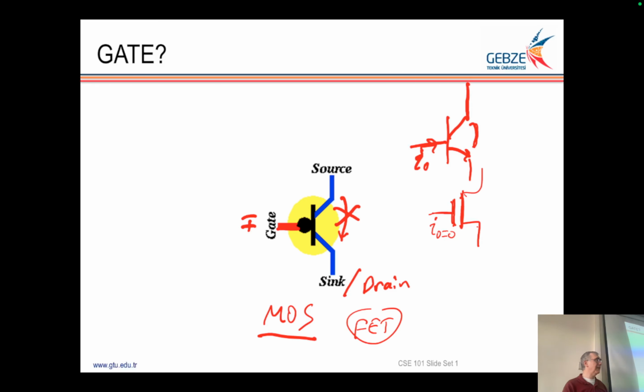So opening and closing using voltages without current is kind of easier on the circuit when you have a large number of digital operations. For the analog operation, for example, when you are making a stereo amplifier, then transistor is good because you need to play with the waveforms in analog. You don't have to turn on and off.